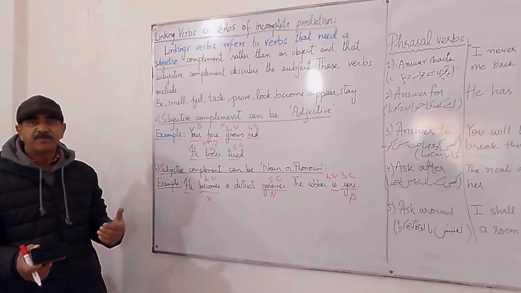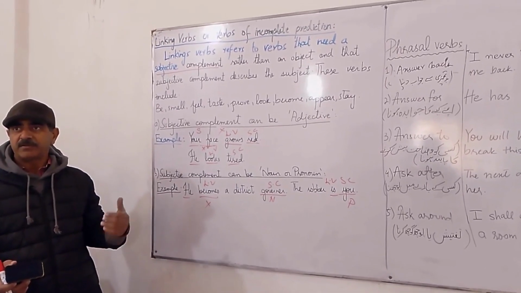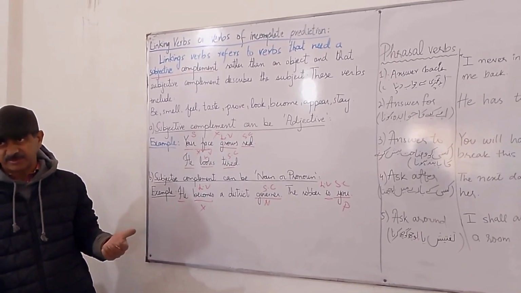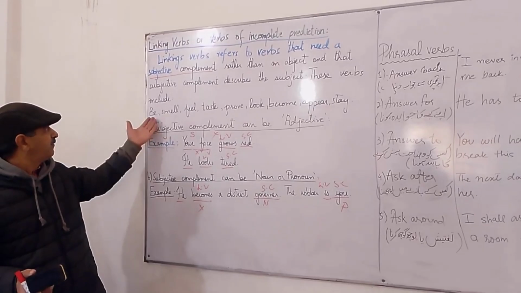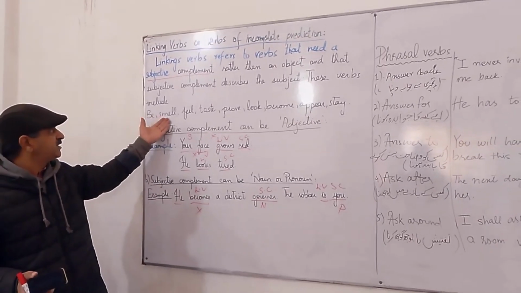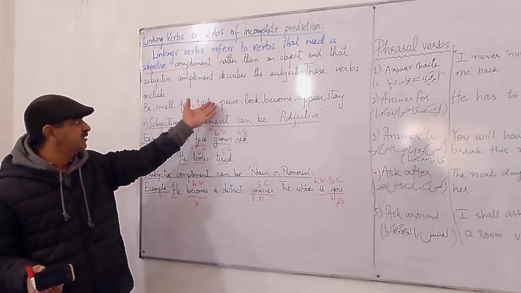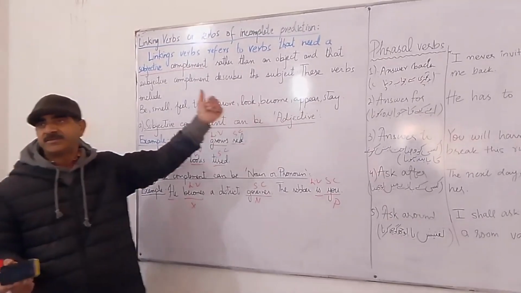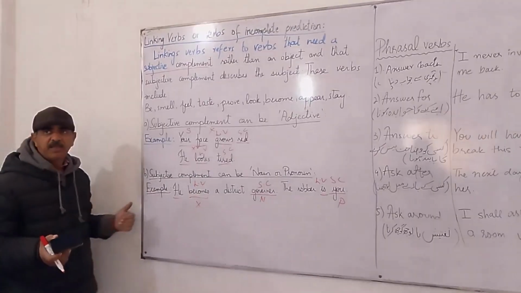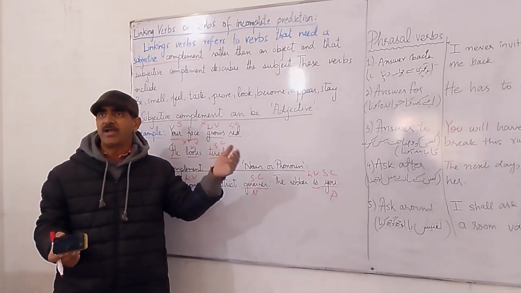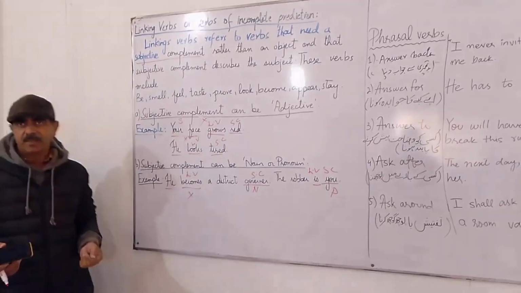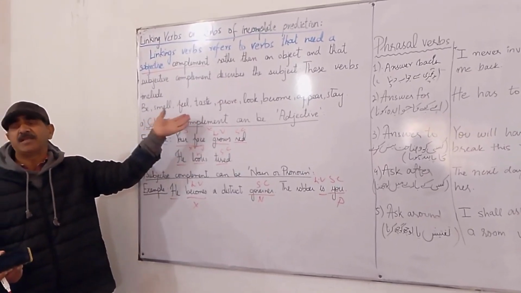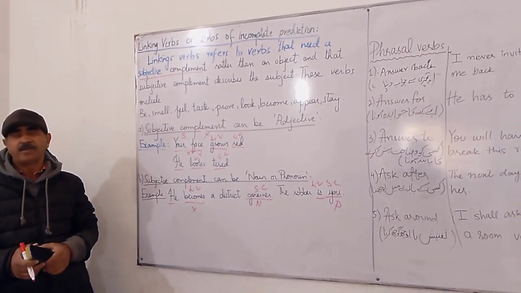So, what does the subjective complement do? It links; it describes a subject. For example: be, smell, feel, taste, prove, look, become, appear, stay. These are linking verbs. There are many more, and so on. But just as a sample, I have written a few over here.